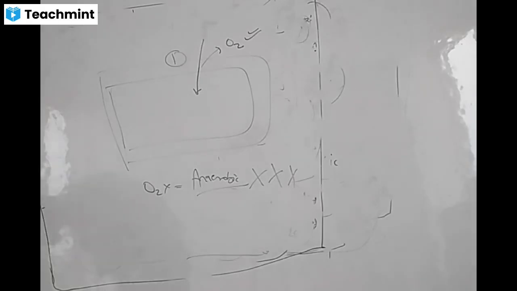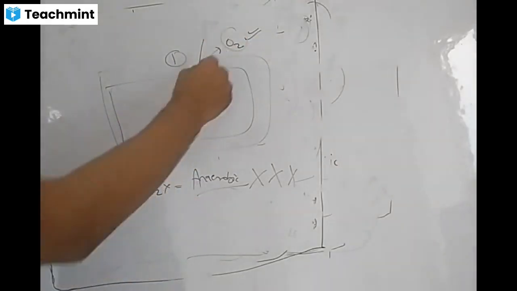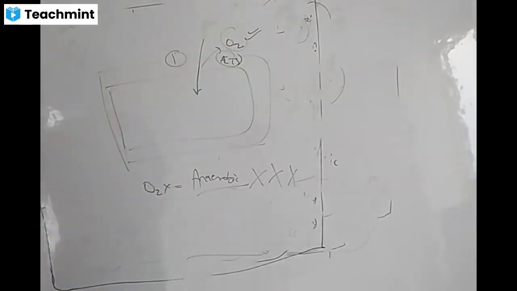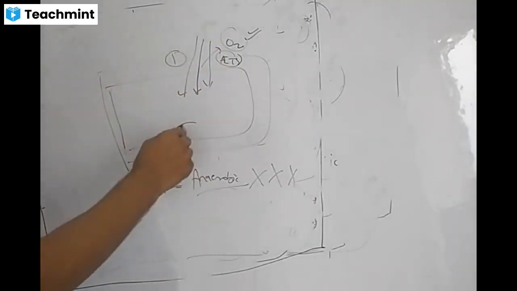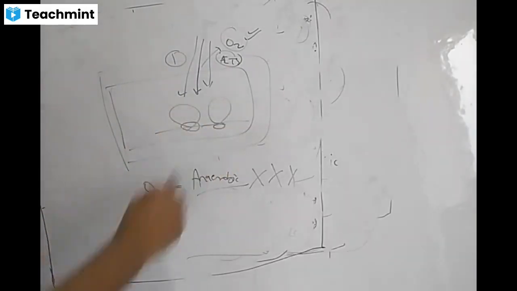So anaerobic bacteria are resistant to aminoglycoside. So oxygen is important, and this oxygen is generated by your ETS, electron transport system.